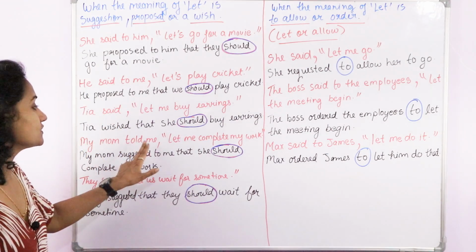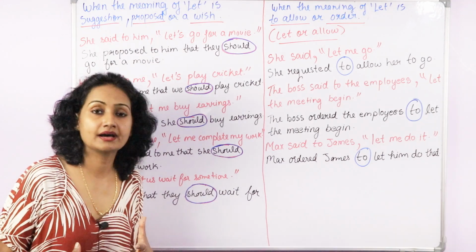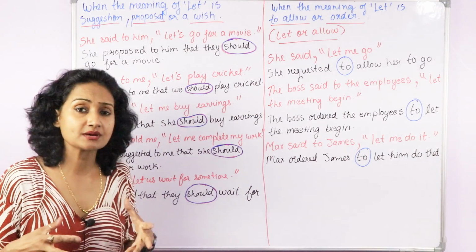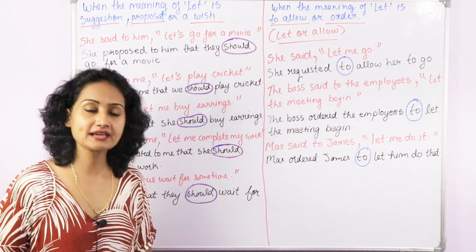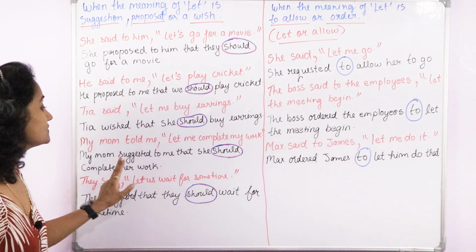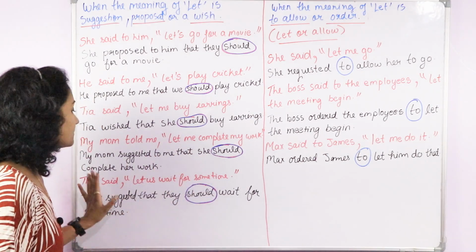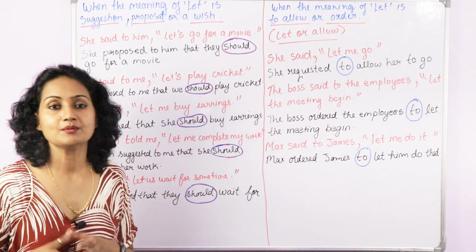My mom told me, let me complete my work. So I went up to my mom and I asked her to cook something for me, and she said, first let me complete my work and then I will cook for you. Okay, so here my mom suggested to me that she should complete her work first and then she will cook something for me.